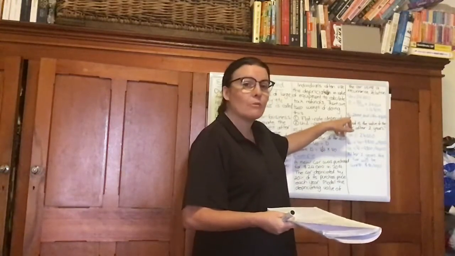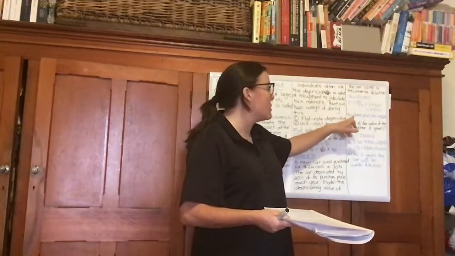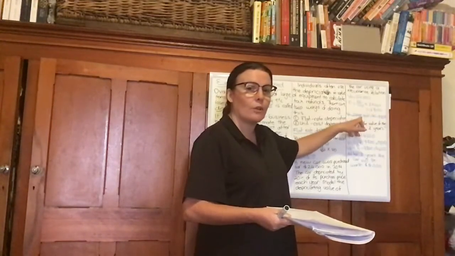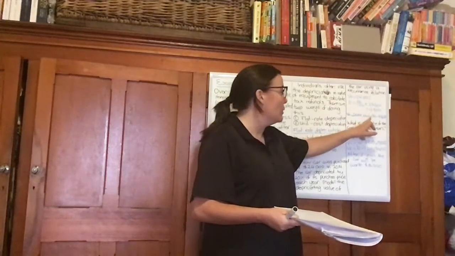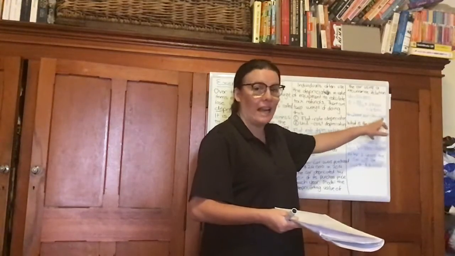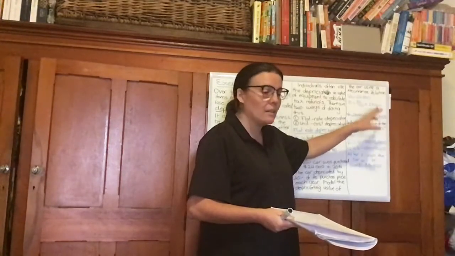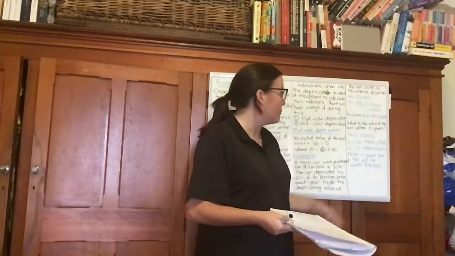Alright, so as a recurrence relation, we write this as V0 = 24,000, comma, Vn+1 = Vn - 4,800. Okay, so we've got our recurrence relation written there.